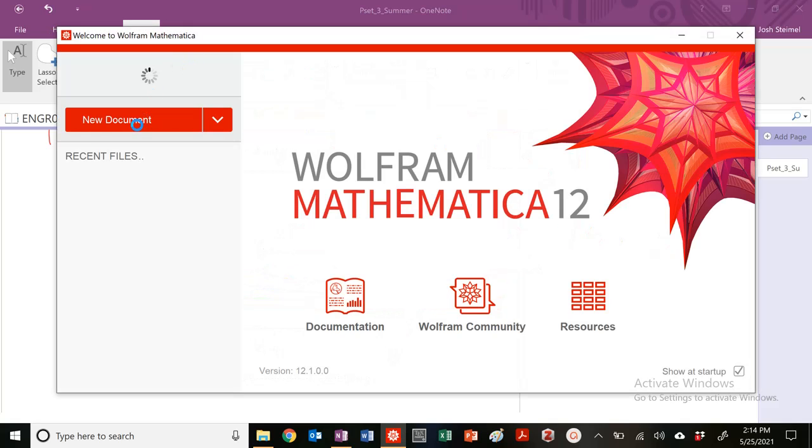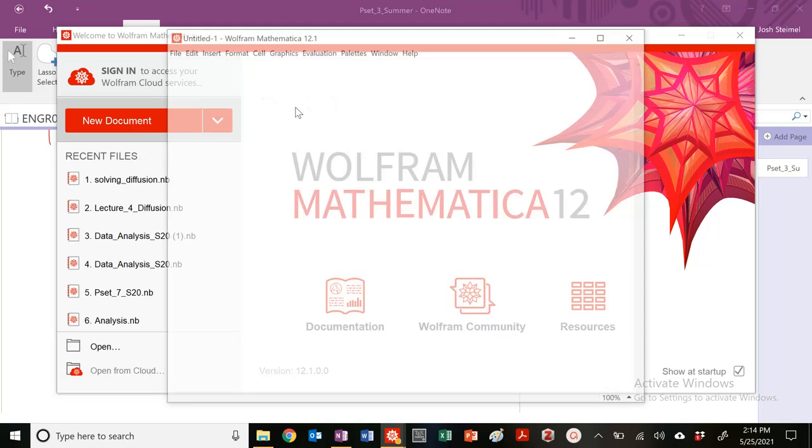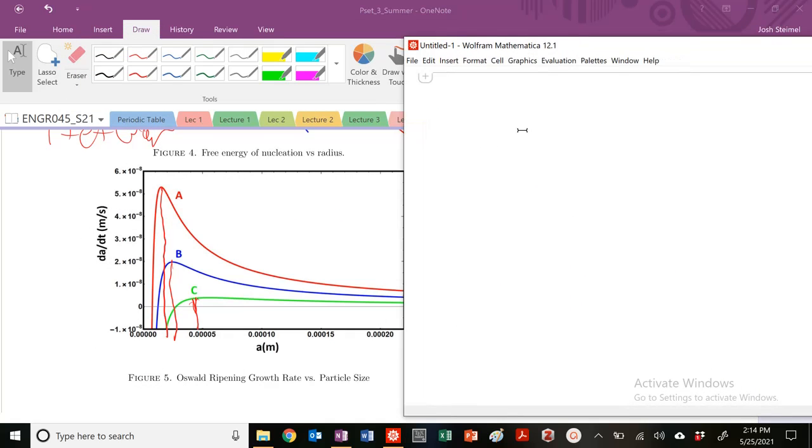Let's pull up Mathematica. My A bar for system A is about 0.00025, divided by 2, because that's 2A bar.